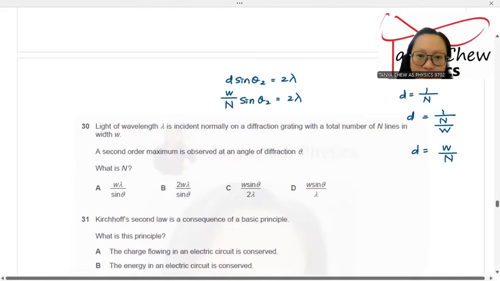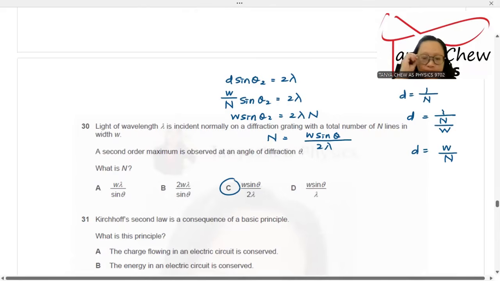And then cross multiply: W sine theta, 2, is equal to 2 lambda N. Now make N the subject. N is equal to W sine theta over 2 lambda. So the answer is C.